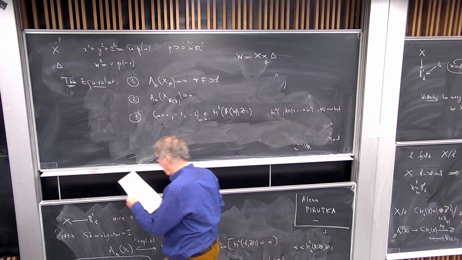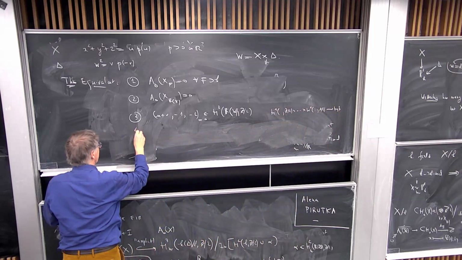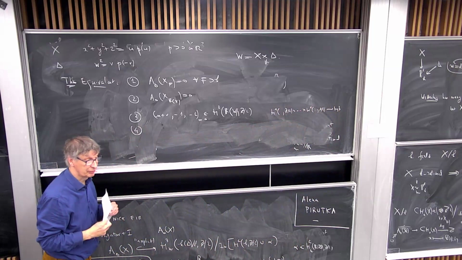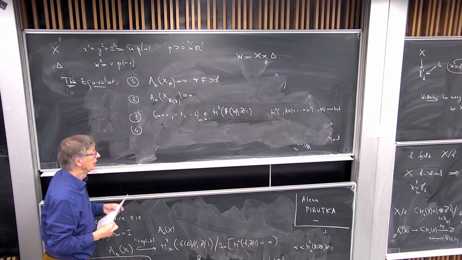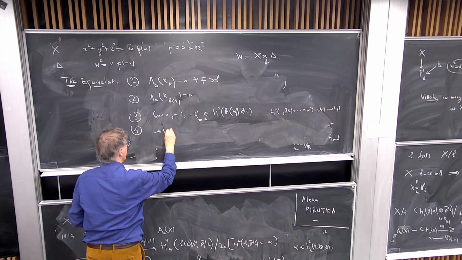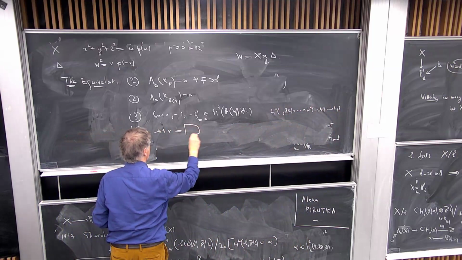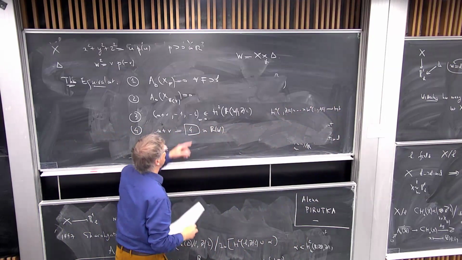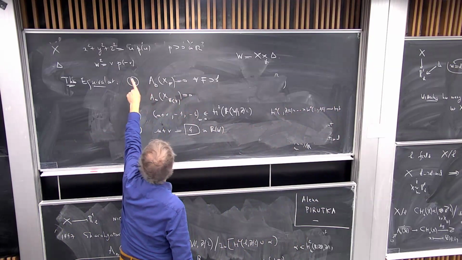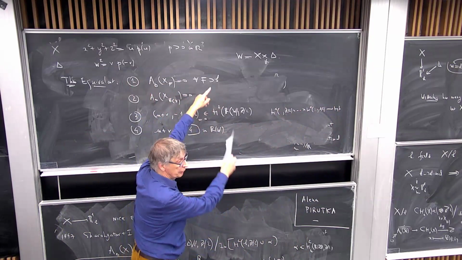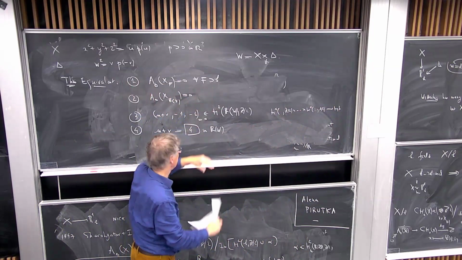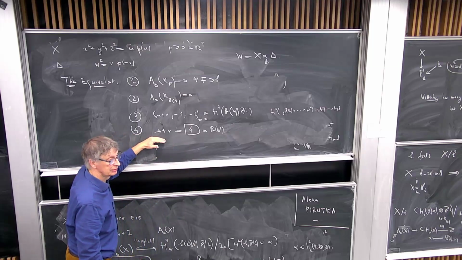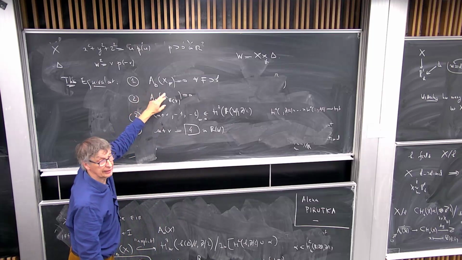And now, if you don't like Galois cohomology, there's a very simple translation. In fact, the translation is not trivial. It is that u plus v is a sum of 4 squares in R(W). Okay, so we have u, which is a function on X, and v, which is a function on delta. We pull them back to W, we add the two functions, and we want this to be a sum of 4 squares. So that condition is equivalent to the fact that X is, say, phase 0 trivial.